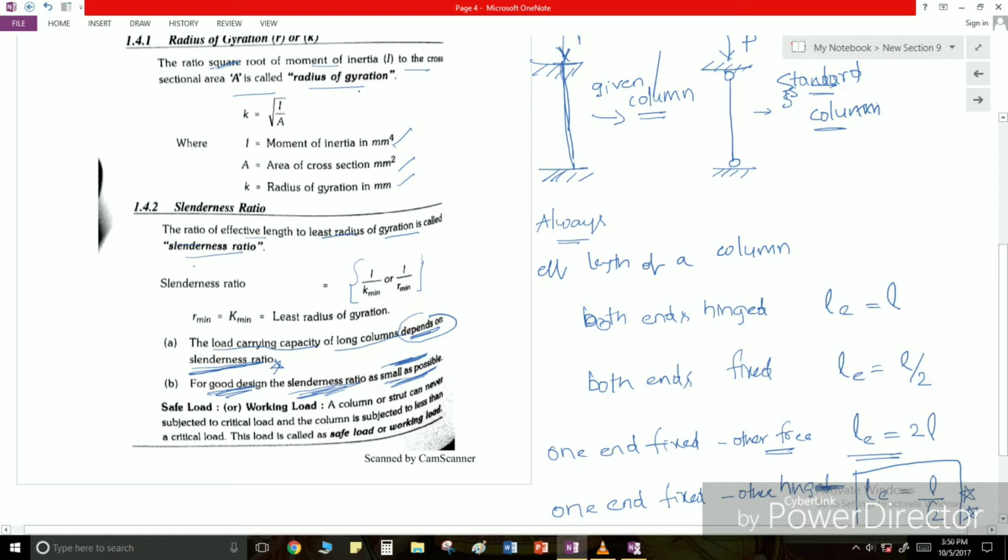You are given four options and have to select one, such as both A and B are correct, or option 4 is correct, or options 1, 2, 3 are correct. But always remember this: the load carrying capacity of a long column depends on slenderness ratio. Of course, it also depends upon buckling stresses, meaning bending stresses. The key role here is played by the slenderness ratio, particularly in long columns.